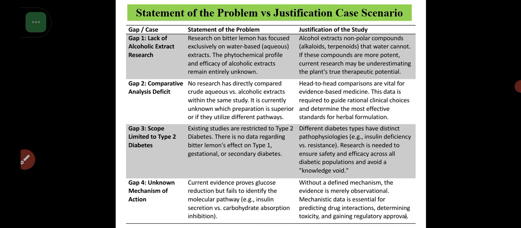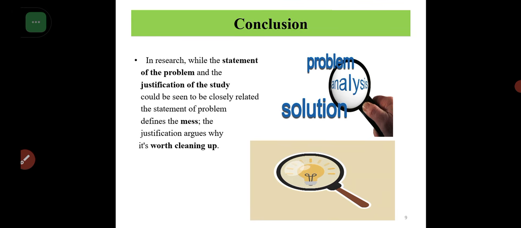Very, very beautiful. You can see how the statement of the problem is aligning with the justification side by side. So once again, don't forget, if you are going to write justifications, ensure that they align with the statement of the problem.